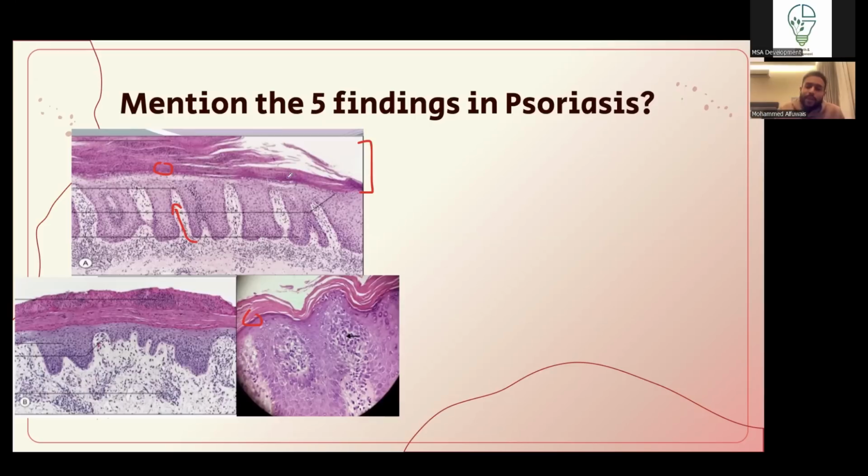Since the dermal papilla is going very deep into the epidermis, if I start scratching right here, what will happen? Bleeding. What do we call this? Auspitz sign. Perfect. Why does this happen? Again, what's located in the dermis?